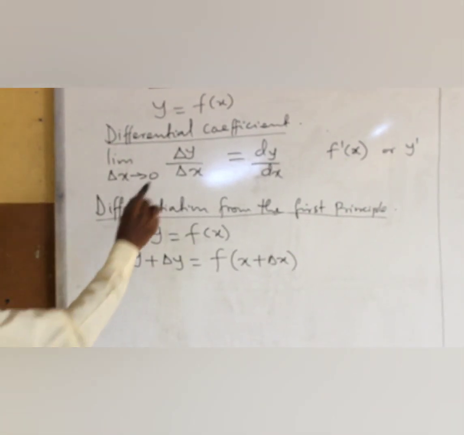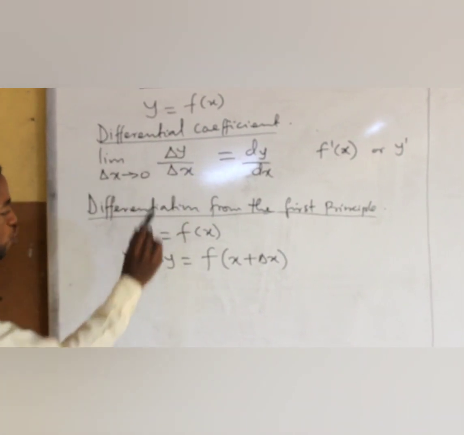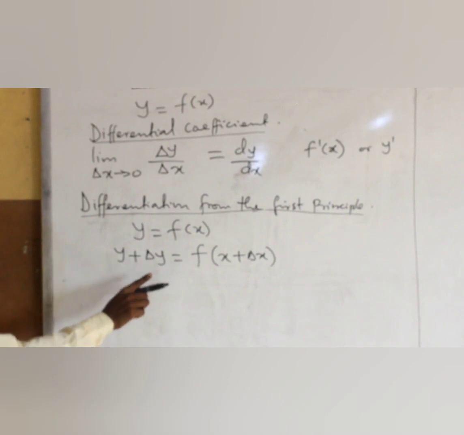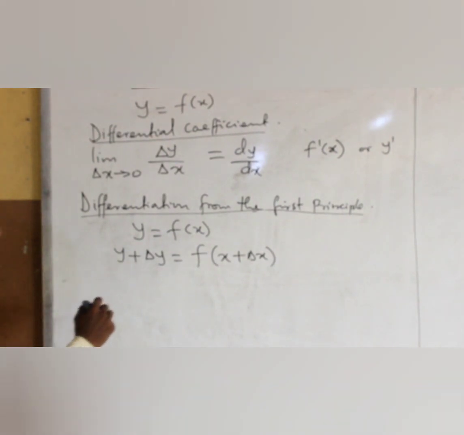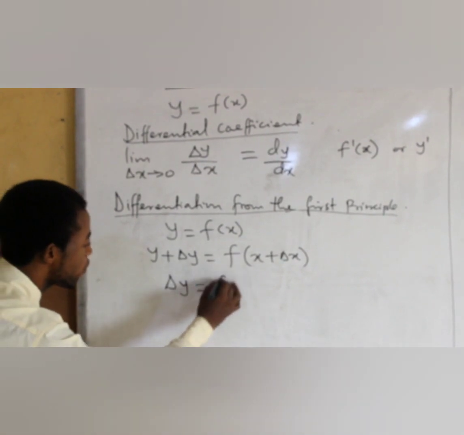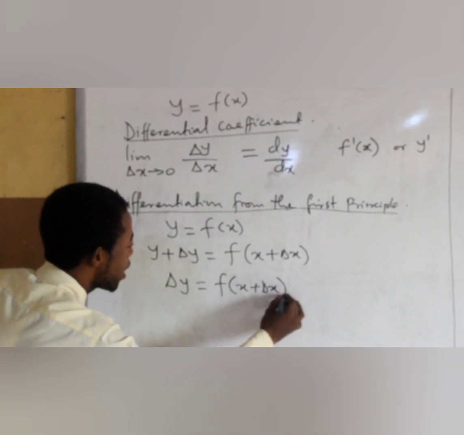Now, we want to find something of the form delta y over delta x. So we need to take this y to this side, so as to have only delta y here. By the time we take y there, we have delta y left here, and it equals f of x plus delta x minus y.